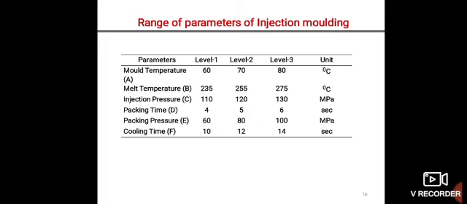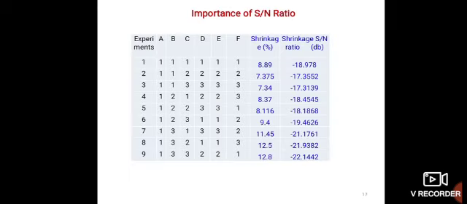So with the help of signal to noise ratio, we can see here, if we conduct the 9 experiments, A, B, C, D, E, F are the 6 parameters we have seen, and we want to calculate the shrinkage, which is the defect, as response of the plastic part.